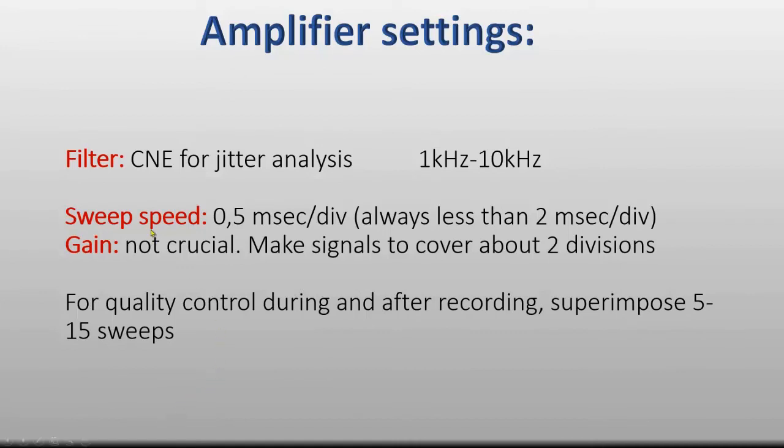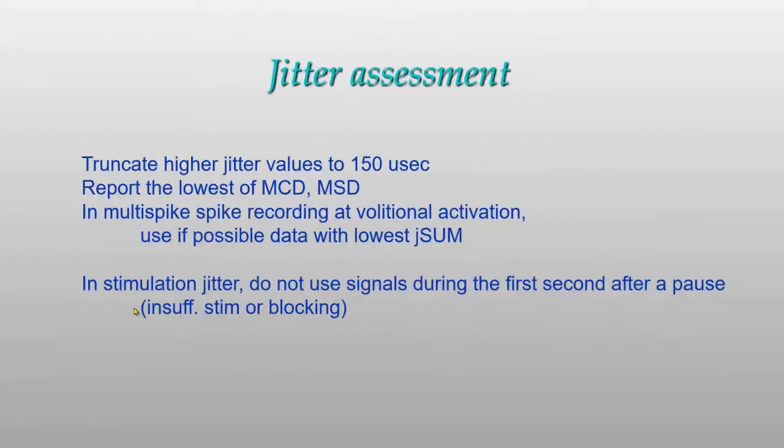The amplifier settings for CNE jitter analysis are 1 kHz to 10 kHz, and the sweep speed should allow detailed analysis of the signal, which means that 0.5 or 1 millisecond per division is optimal. The gain is not crucial, but usually we make sure that the signal covers about 2 divisions on the display screen. For quality control during and after the recording, we superimpose 5 to 15 sweeps.